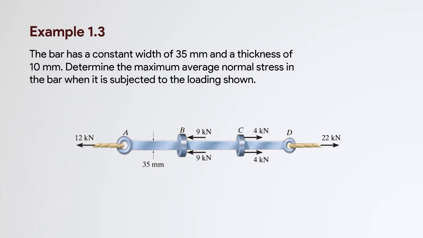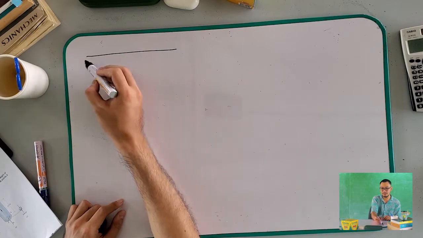As you can see, every part of this bar has changes of loading, as I said earlier. So what we have to do is determine the maximum average normal stress. So we draw the bar.